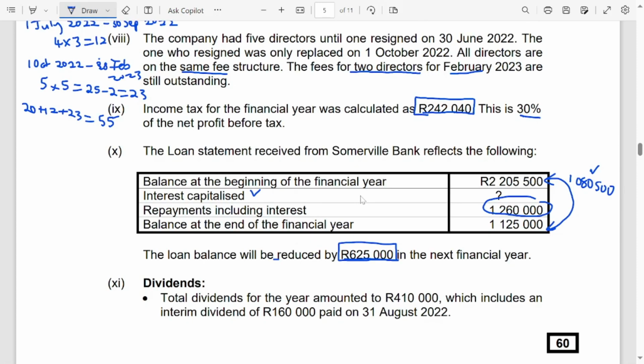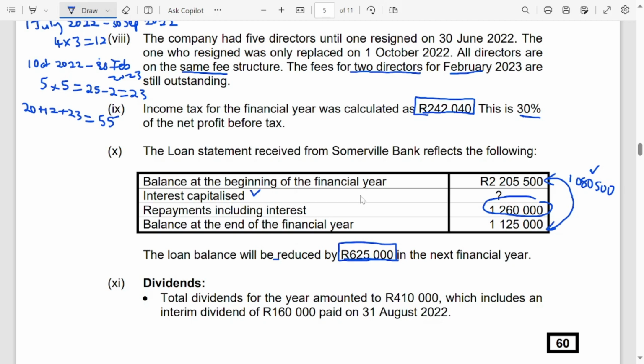And then total dividends for the year amounted to 410,000, which includes an interim dividend of 160,000 paid on the 31 August 2022.